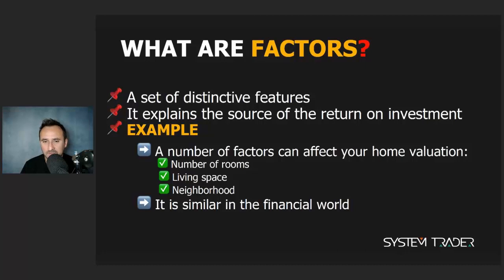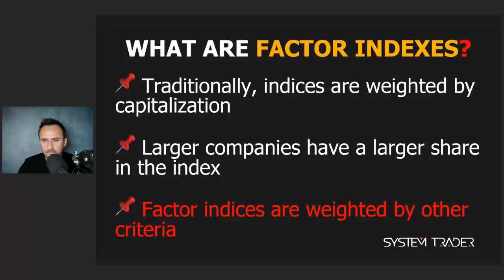The same goes for the living space, the neighborhood, and we could list more factors which affect our home valuation. And this is very similar in the financial world. There we obviously don't have rooms or a neighborhood, but we have different metrics which can affect the valuation of the stock.